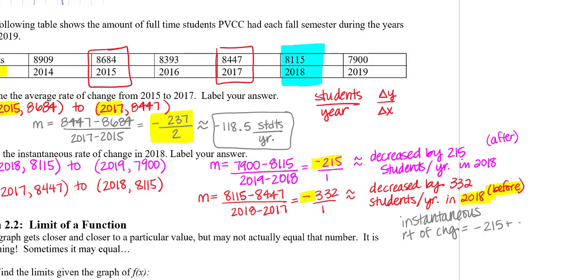So negative 215 plus the negative 332 and divide it by 2. Because again, it has to be somewhere in between those two values, or is most likely somewhere in between these two values. And so that would be something like about negative 273.5. And again, this is students per year, and this is in 2018.